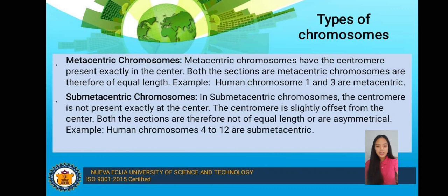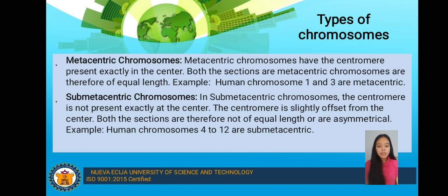Next, let's proceed to the types of chromosomes. First, metacentric chromosomes. Metacentric chromosomes have the centromere present exactly in the center. Both the sections of metacentric chromosomes are therefore of equal length. Example, human chromosomes 1 and 3 are metacentric. Next, submetacentric chromosomes.